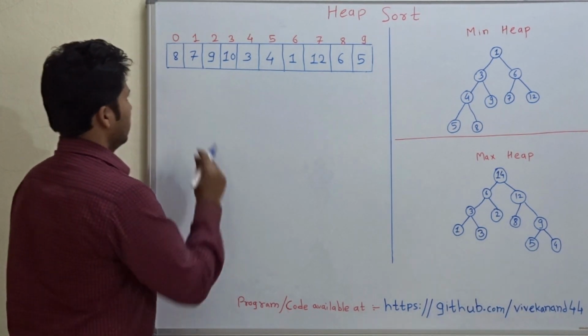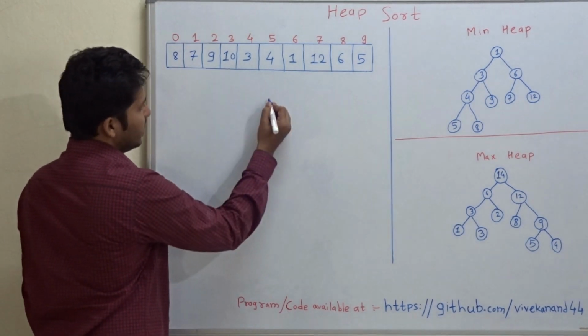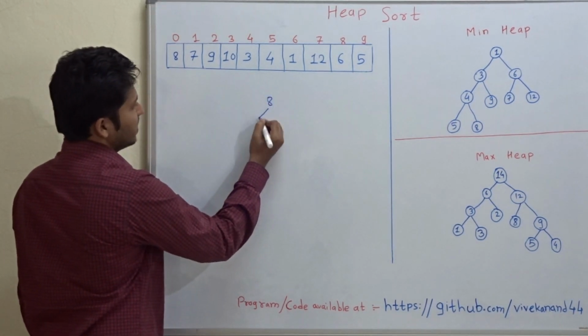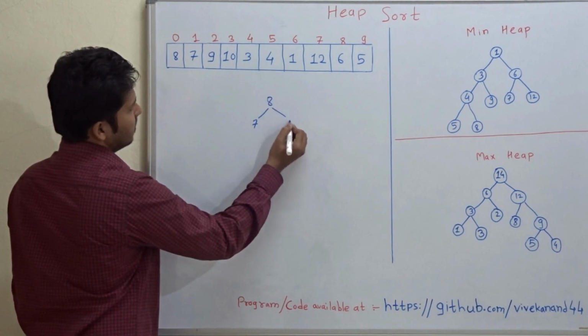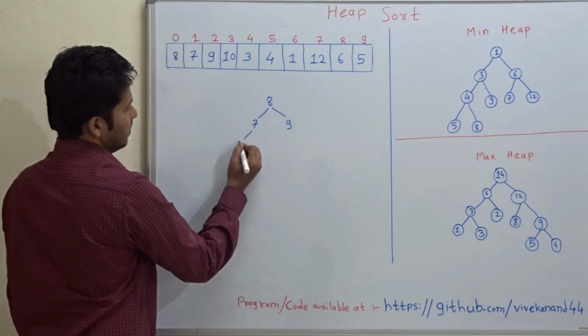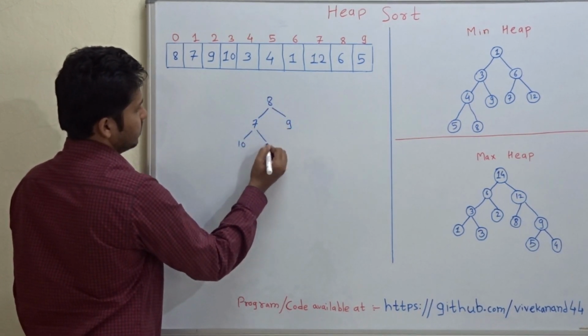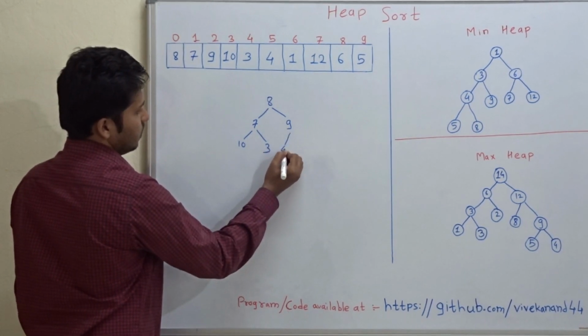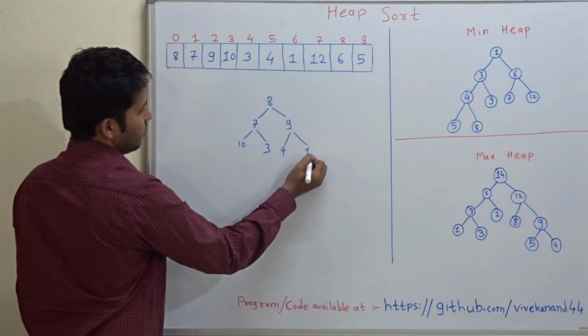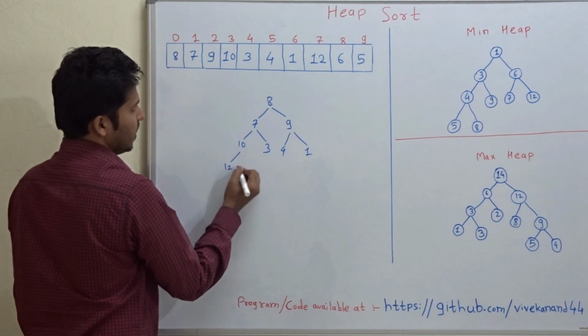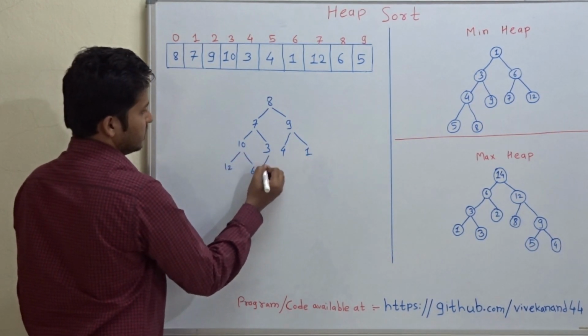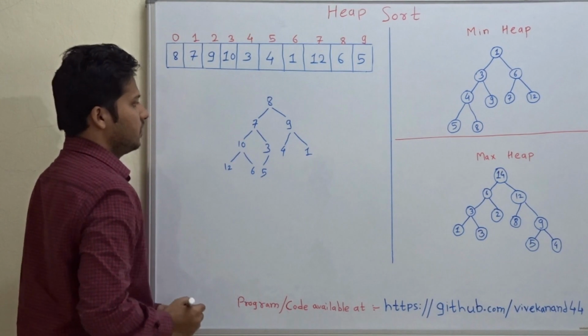Let's do that. The first element is 8, the next element is 7, then 9, then 10, 3, 4, then 1, 12, 6 and 5.